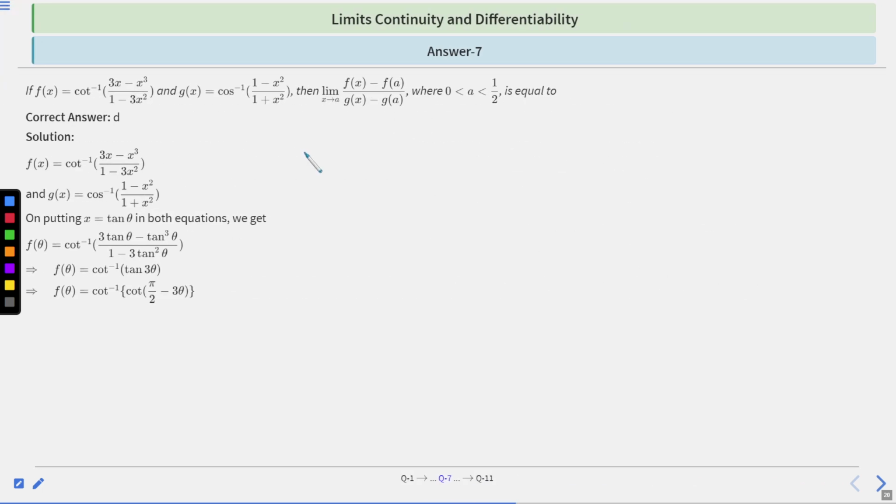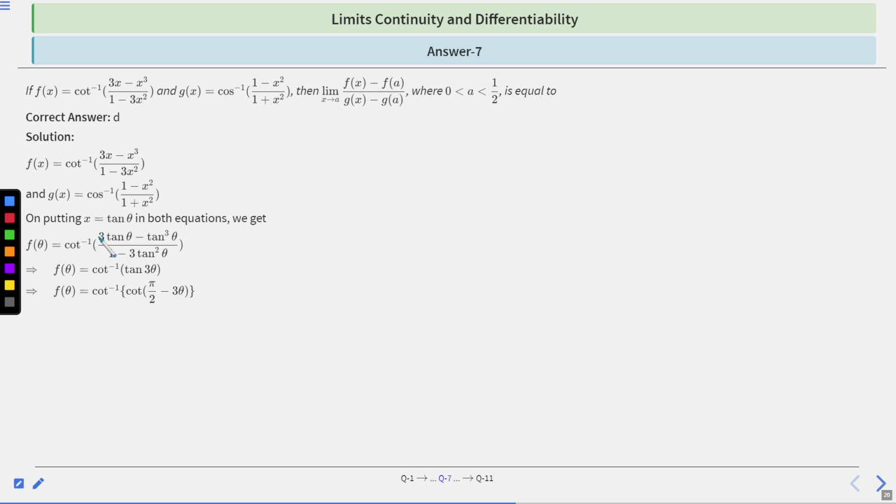See, f(x) is equal to cot inverse of (3x minus x cube) upon (1 minus 3x square), and g(x) is cos inverse of (1 minus x square) upon (1 plus x square). Now on putting x equal to tan theta in both equations, we will get f(theta) is equal to cot inverse of (3 tan theta minus tan cube theta) upon (1 minus 3 tan square theta). So f(theta) is equal to cot inverse of tan 3 theta. Clear?